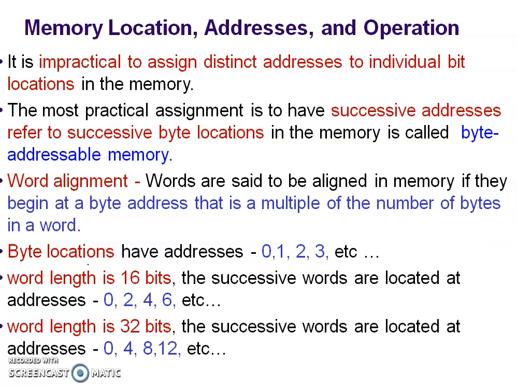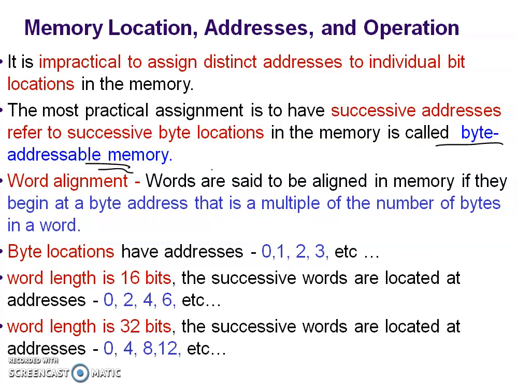Next is how the arrangement is being done. Here we will come across byte addressable memory and word addressable memory. If data is arranged based on the number of words, then that is called word addressable memory. Usually addresses refer to successive byte locations in the memory, and that is called byte addressable memory.